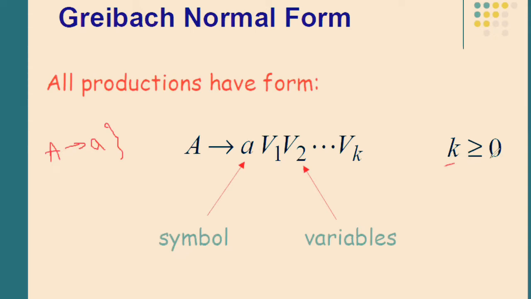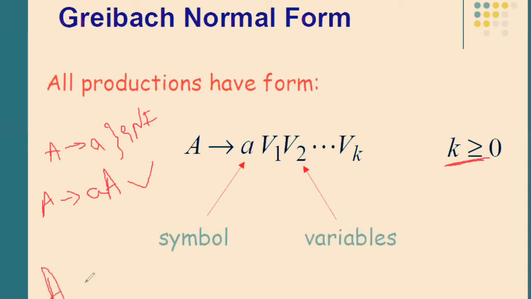You can see that the value of k can be 0 or more. So this is in GNF, Greibach normal form. Suppose I take A tends to a capital A, is it in Greibach normal form? Yes, it is in Greibach normal form.